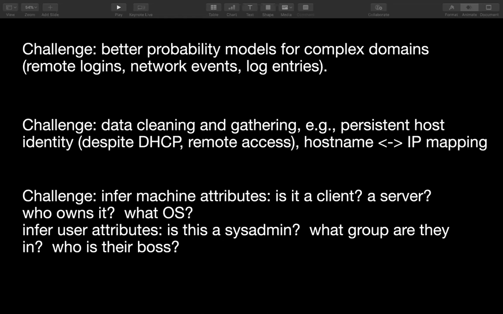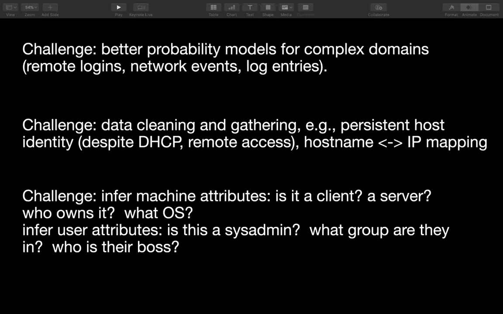If you're lucky, maybe there's a database in the enterprise where you can look that up, but there might not be. And then can we infer that from network traffic? So I think there's a great opportunity from some papers that look at network activity and then infer this kind of information. Another kind of attribute that'd be very useful for detection is users, characterizing users in an enterprise. Who are the sysadmins? What are the groups?